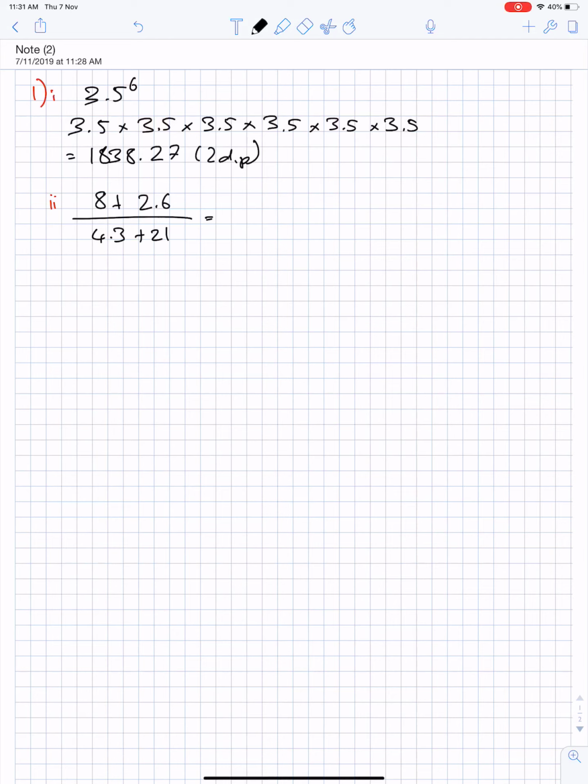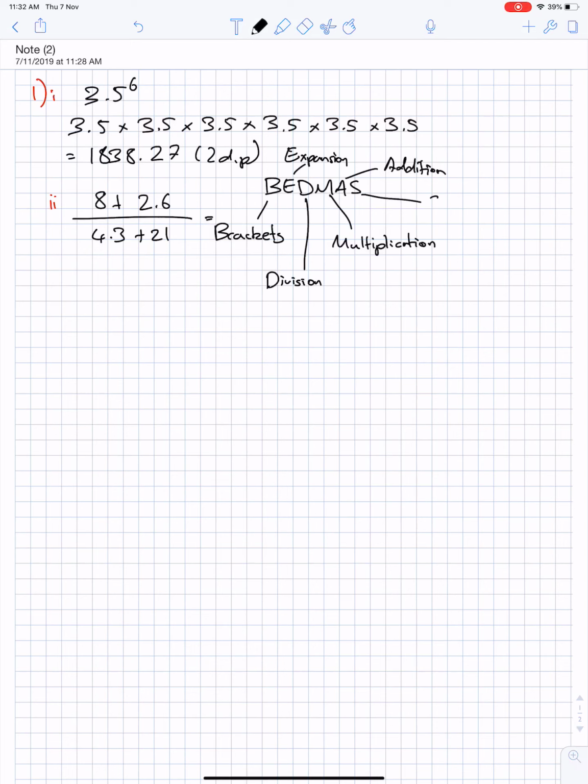So this is basically testing your BEDMAS acronym. So BEDMAS stands for brackets, expansion, division, multiplication, addition, and subtraction.